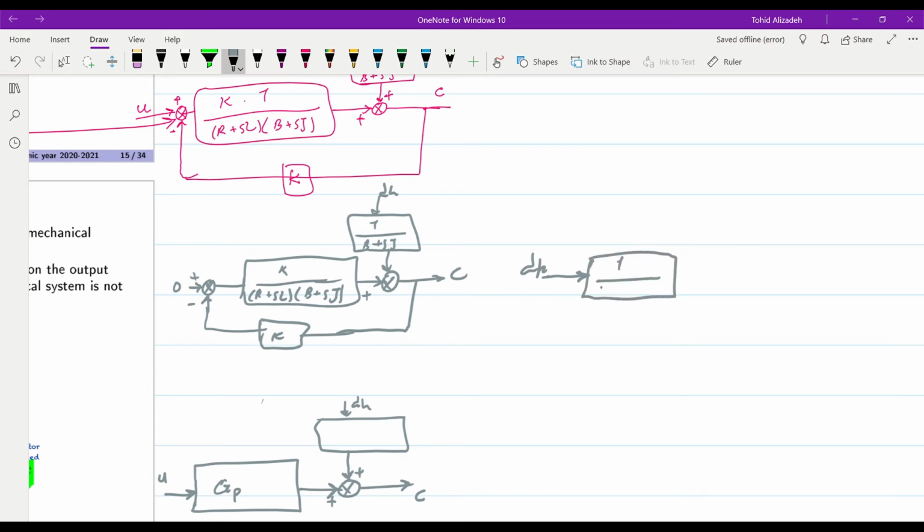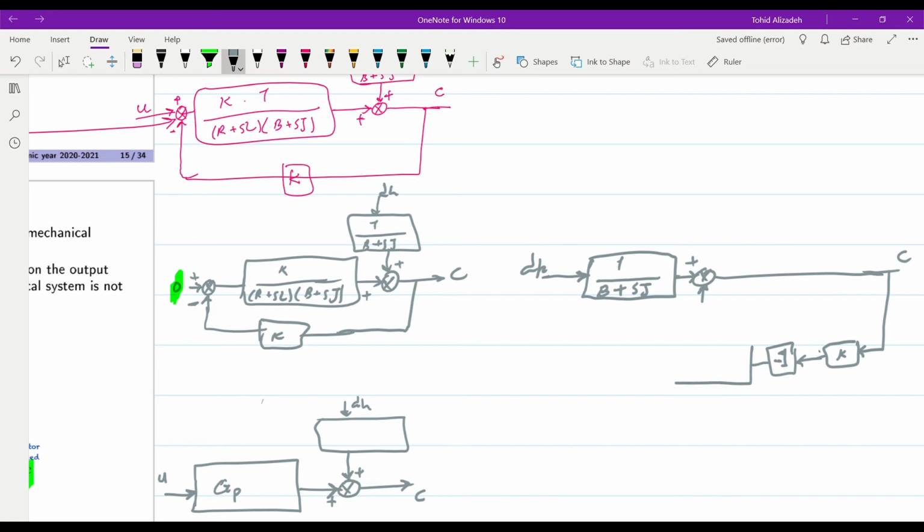We have 1 over B plus Sj with plus signs, plus, this gives us C, which is the actual output, and then from C we have K. Since the U input is equal to 0, we can just replace K with minus K, or I can consider some minus 1 here, which shows us the negative sign that we had here.